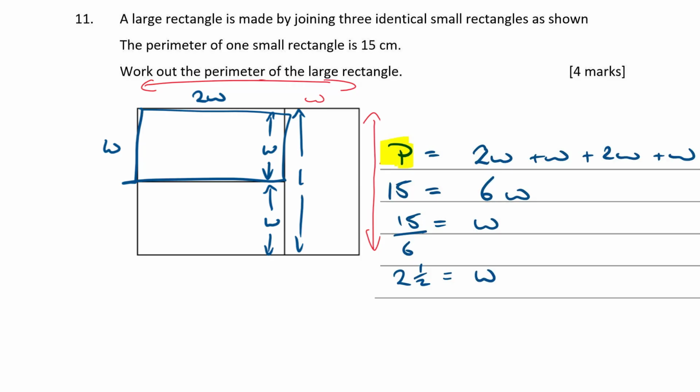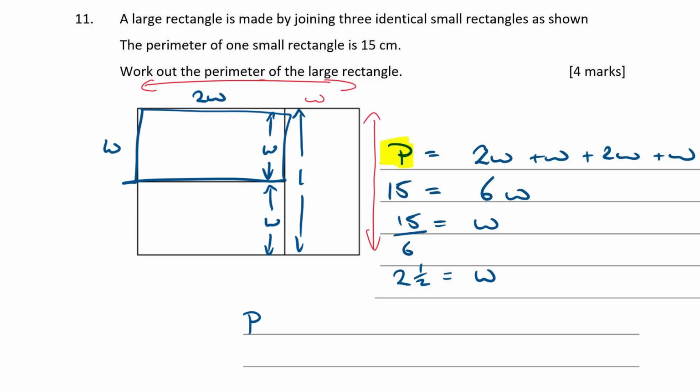So it's 3W, 2W, 3W, 2W, which is 10W, isn't it? So the perimeter of the large rectangle equals 10W, which is equal to, well, it's 25. So the answer is 25 centimeters.